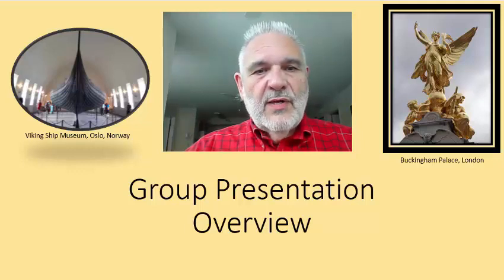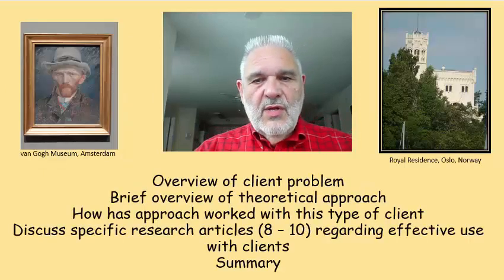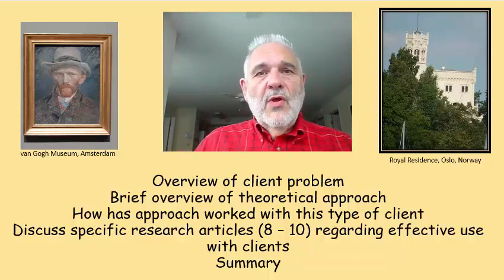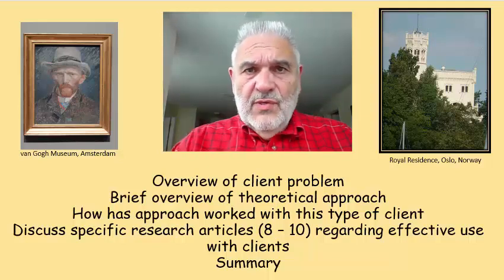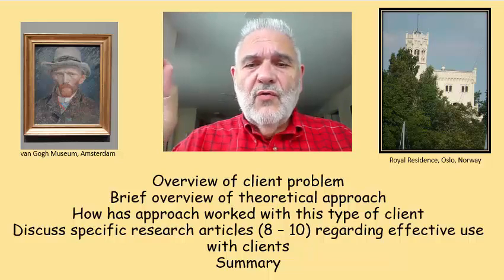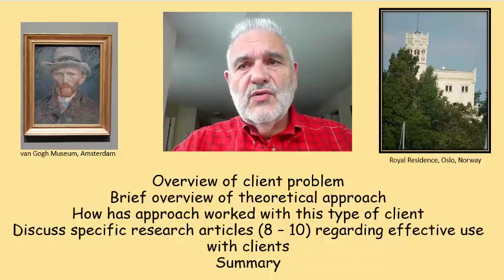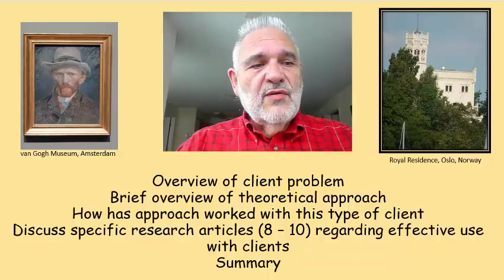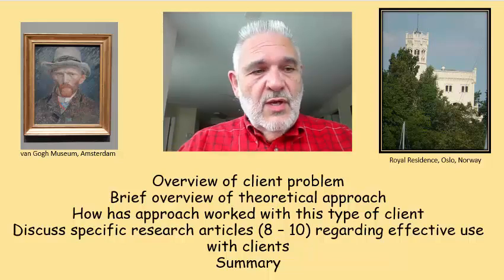Next, I want to move to an explanation of the assignment, and here we have an outline of the assignment. First, after the group selects the topic, you want to look at the overview of the client problem. So essentially, your theory will link to some issue related to the populations that the theory was developed to address.